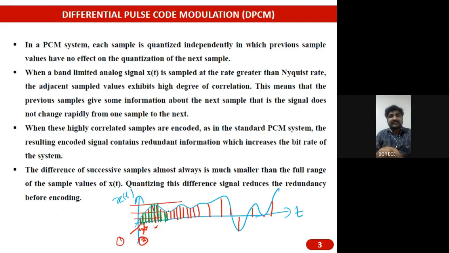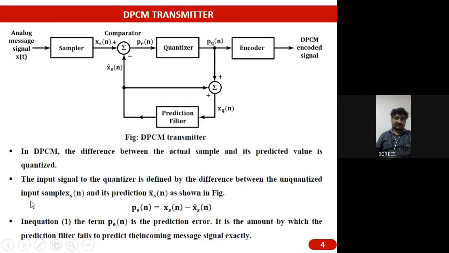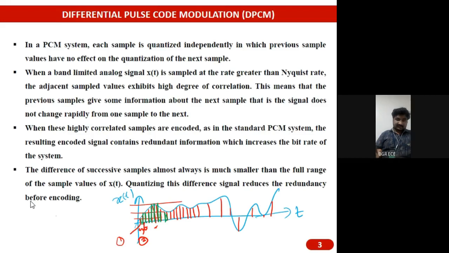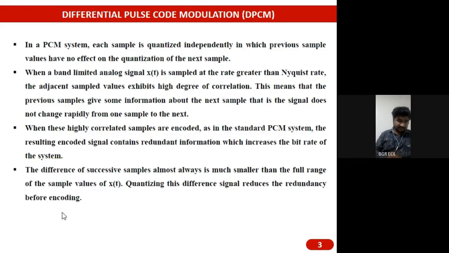So the difference of successive samples is almost always much smaller than the full range of the sample values. So we can do the quantization by considering the difference between two adjacent samples. That means if I draw the correlation graph, you may be able to see it.